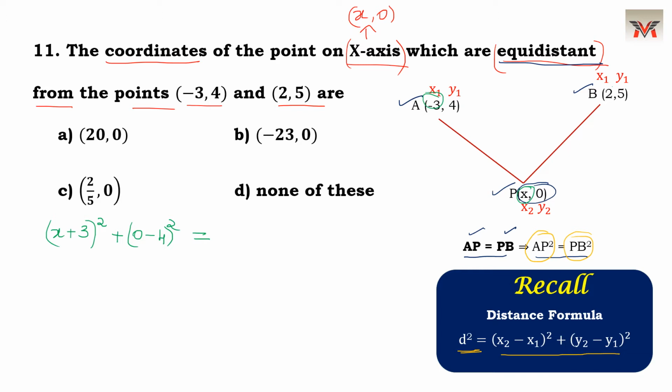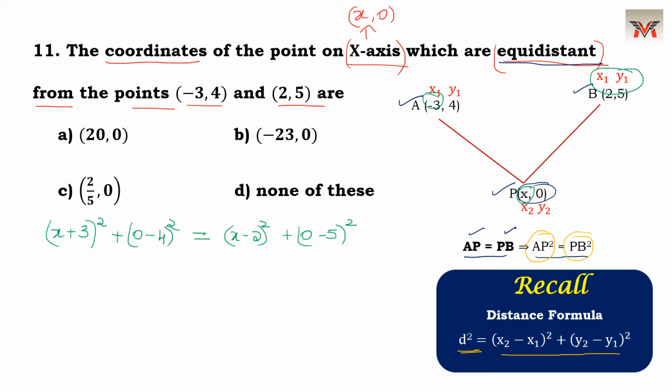When we consider PB, we take x1, y1 as 2, 5 and x2, y2 as x, 0. So it becomes (x minus 2) whole square plus (0 minus 5) whole square.